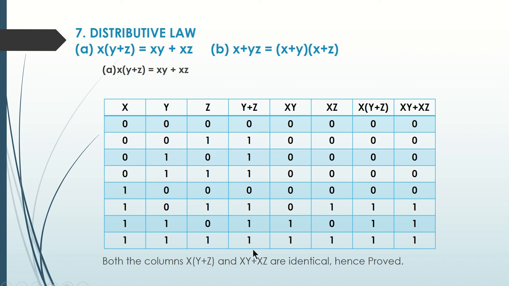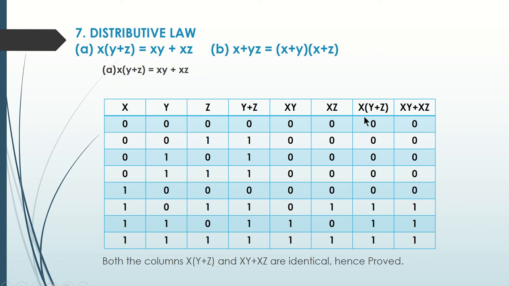Next you are calculating xy plus xz. So xy, x multiplied by y, and x multiplied by z: 0 into 0, 0 into 1, 0 into 0, 0 into 1. The xz value you are writing.